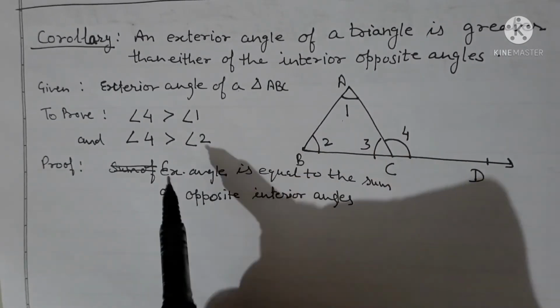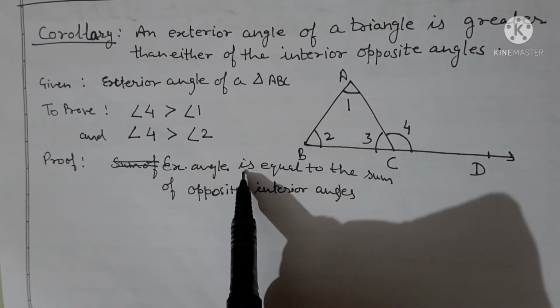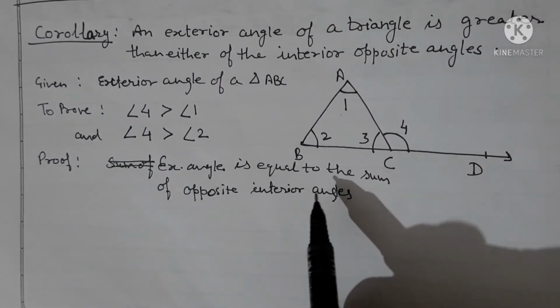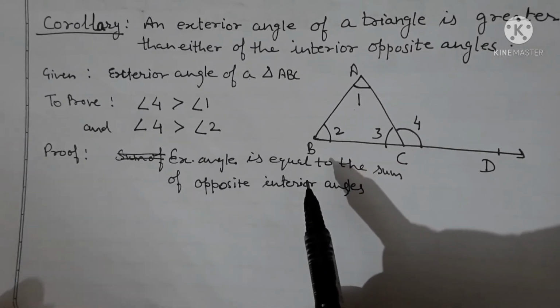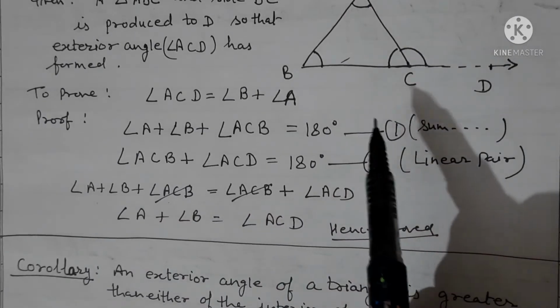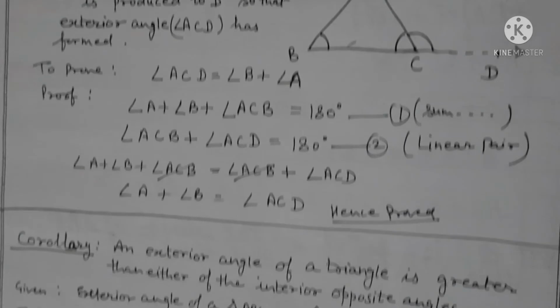We are numbering it. And for proof, you will use exterior angle is equal to the sum of opposite interior angles, which we have proved in the previous theorem, second here. So we will use this theorem in the corollary.